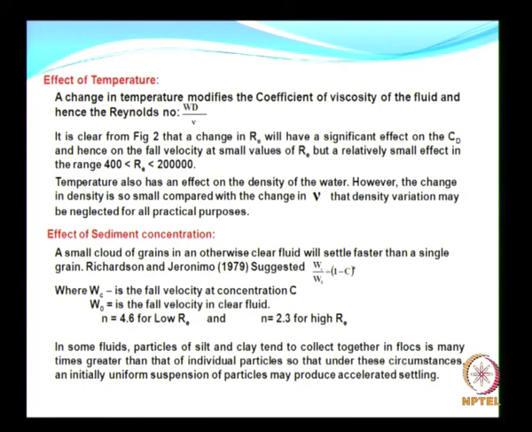One is with concentration, another is with clear liquid, and n is approximately equal to 4.1 to 4.6 for low Reynolds number and n equal to 2.3 for higher Reynolds number. So this is the kind of formula you will have. If the concentration is more, the fall velocity will be more.